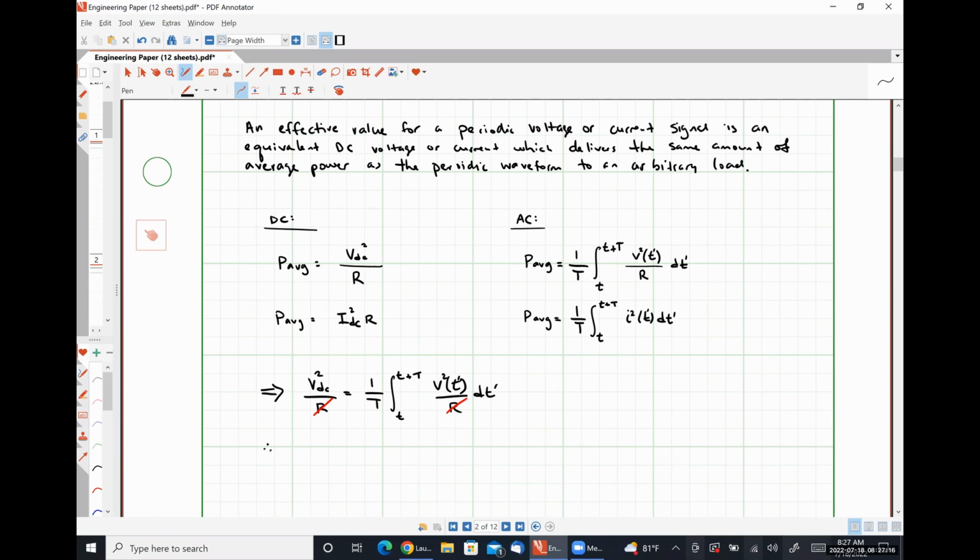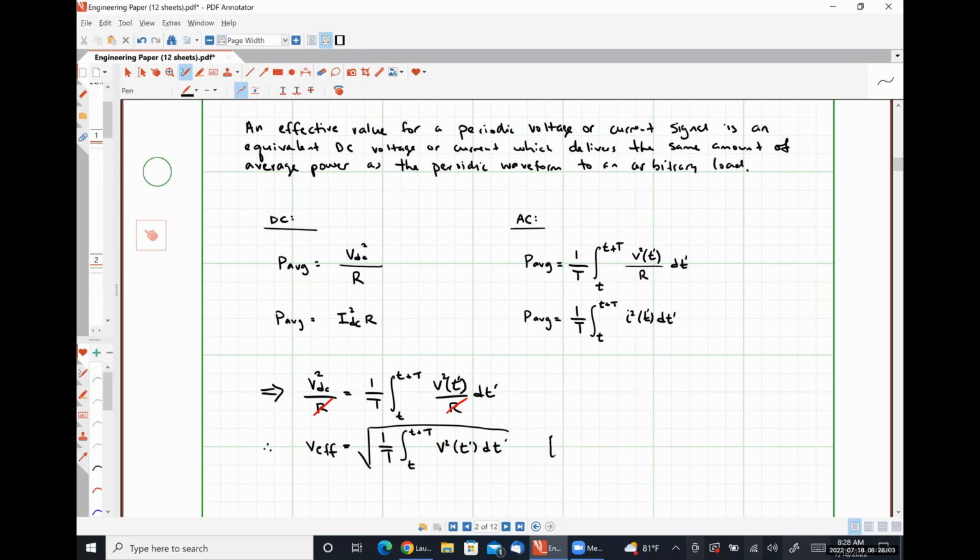And so we'll find the DC value, which I'm now going to call V effective, is equal to the square root of 1 over T times the integral over exactly 1 period of, sorry, don't need the over R. So it is the square root of 1 over T multiplied by the integral over exactly 1 period of the square of the periodic voltage waveform.